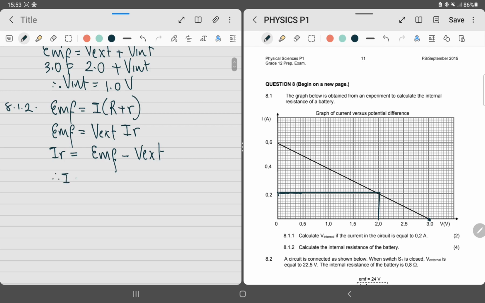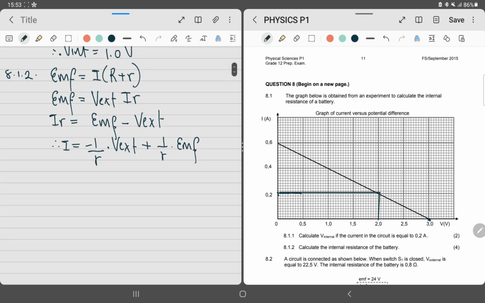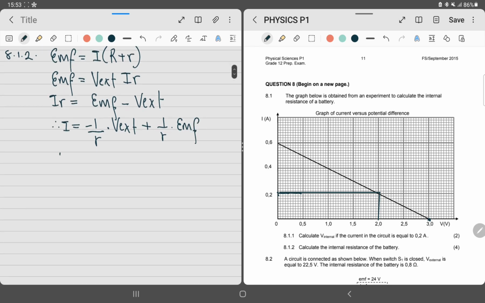This implies that I should be equal to negative 1 over R multiplied by V external plus 1 over R multiplied by the EMF. So I is on the y-axis, and negative 1 over R will represent the gradient.